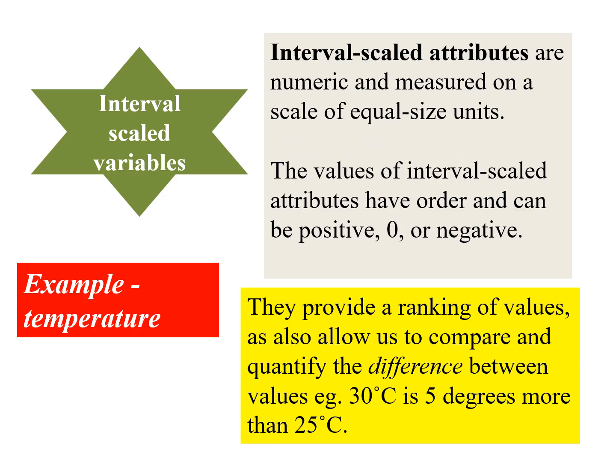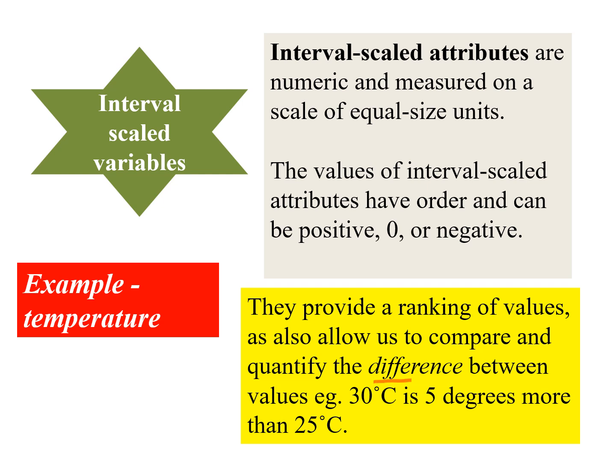Next, we go in for the numeric attributes, interval scaled variables. As we said, variables or attributes. These are numeric and measured on a scale of equal sized units. Positive values, 0, and negative values are there in the interval scale. For example, temperature.